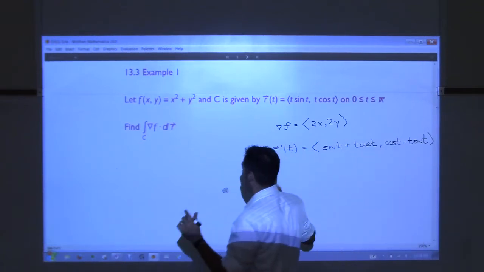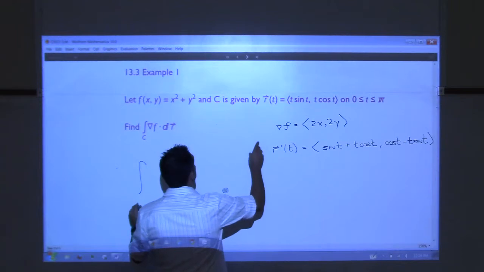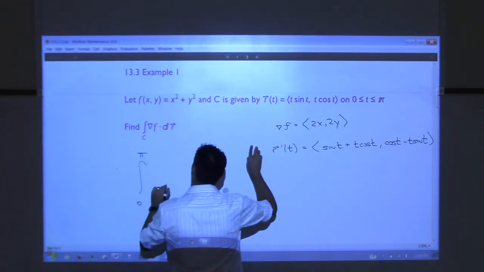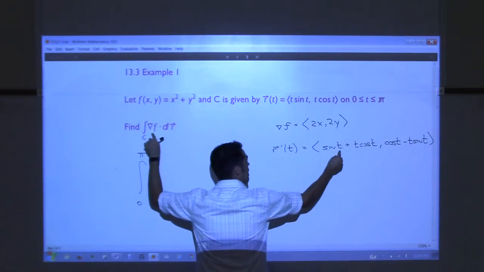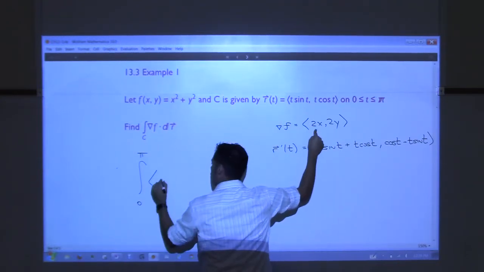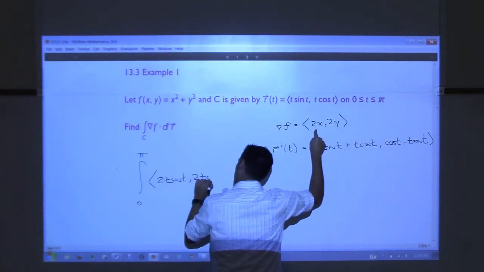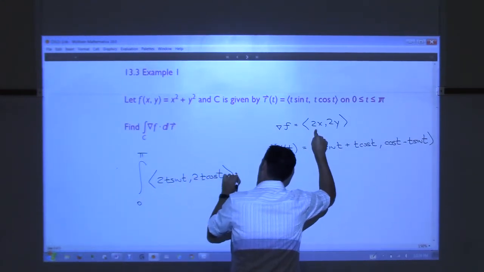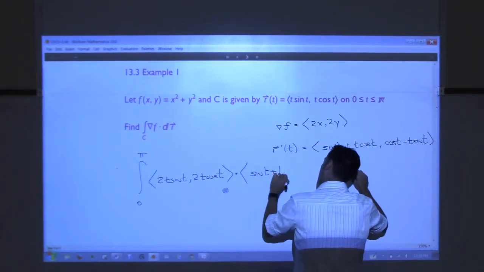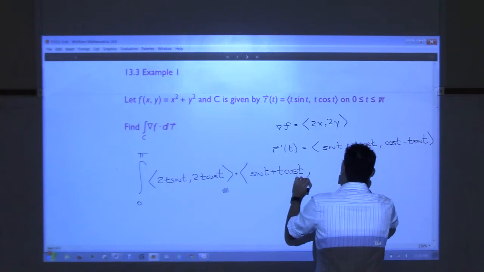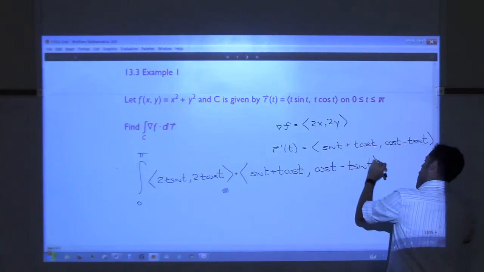So if I'm blindly going through this integral, I would have the integral from 0 to pi, and then the gradient vector field evaluated along my curve, which would be 2t sine t, and then 2t cosine t. And then I dot that with the derivative, which was sine t plus t cosine t, and then cosine t minus t sine t, dt.